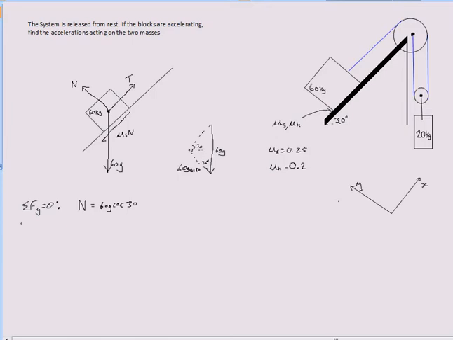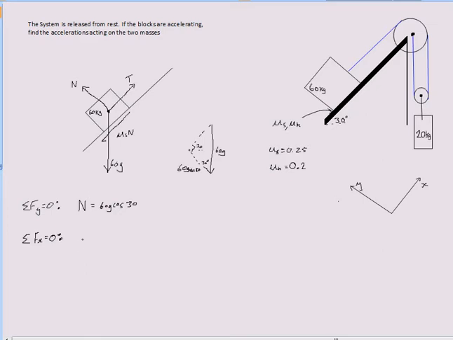Now, if we're interested in finding an upper limit for which the block won't move, we need to establish a case where the sum of forces in the horizontal direction is equal to 0 too. This implies that the block is not accelerating. If the sum of forces in the horizontal direction is equal to 0, the block isn't moving, which means the friction coefficient is just enough to stop the block from moving.